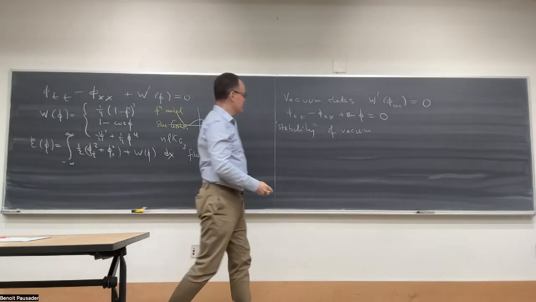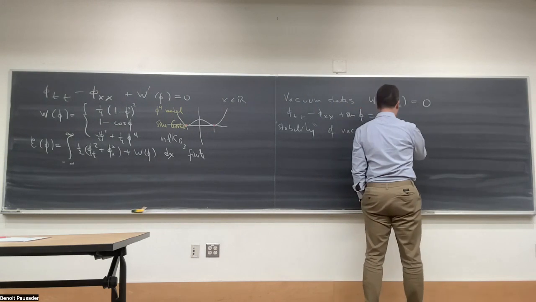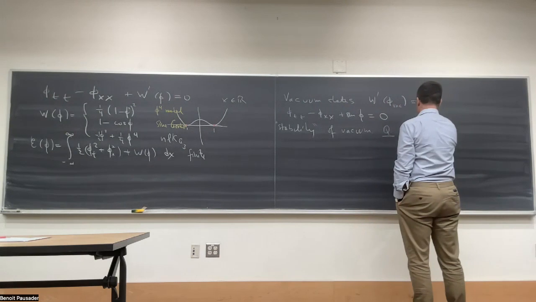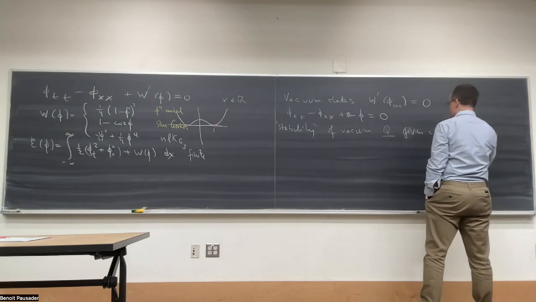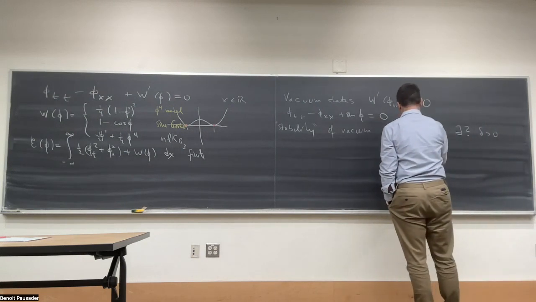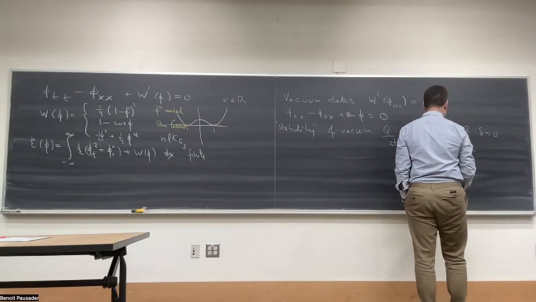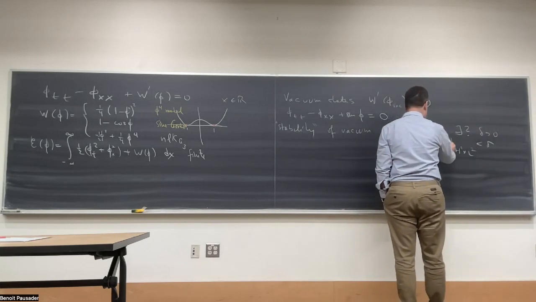So the natural question then: given epsilon positive, does there exist delta positive such that if the norm of (phi, phi_t), this is in phase space, H^1 cross L^2, is the natural norm, that's the energy norm, is less than delta, and this is at time 0, of course.